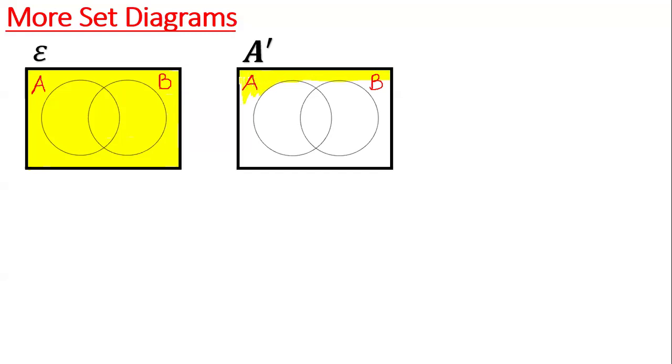So notice how I'm trying to carefully not include set A. I'm shading all around it, but I'm not including set A.